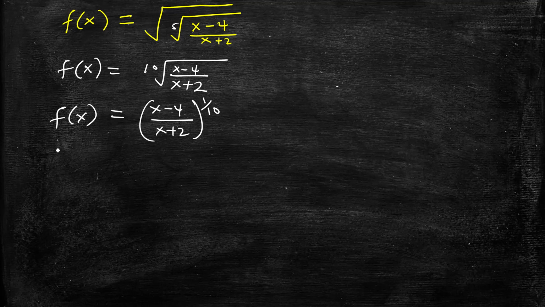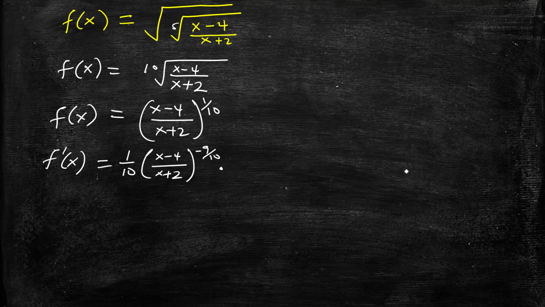So let's go ahead. So f prime of x, I'll multiply the power by the coefficient here and subtract it by 1, then deal with the quotient, the brackets here. So we have 1 over 10 times x minus 4 on x plus 2, with the power subtracted by 1, making 9 on 10, times.